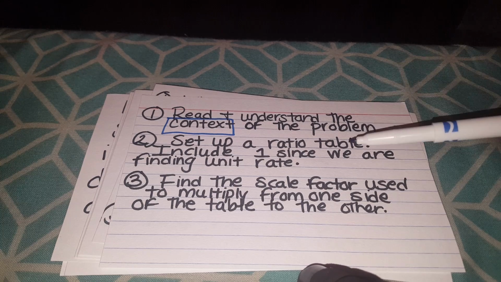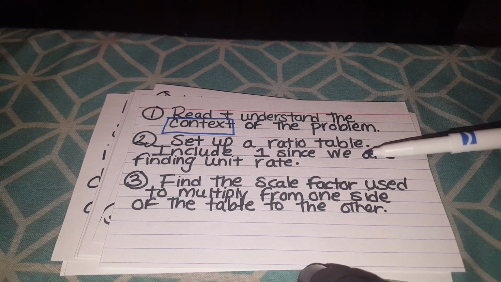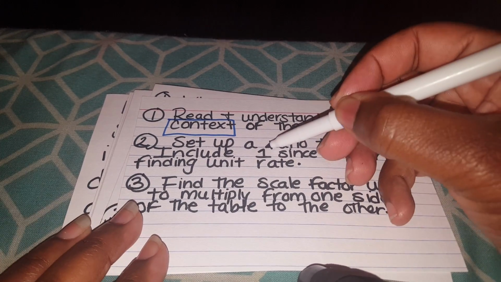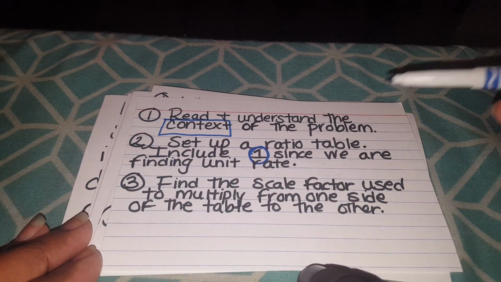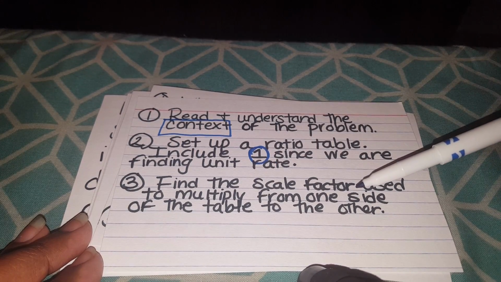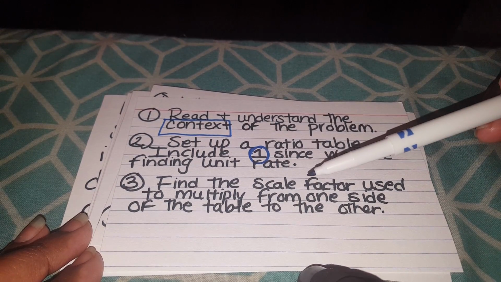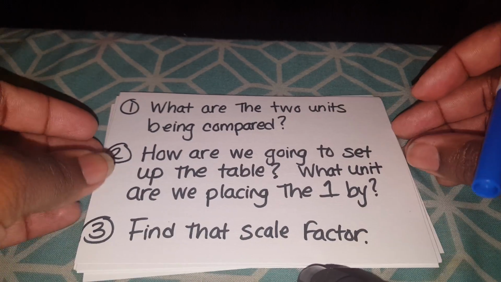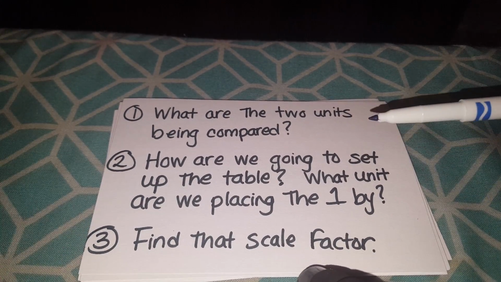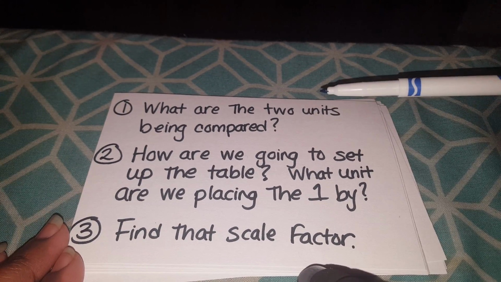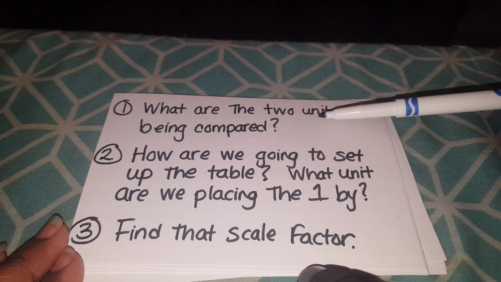Okay, so step 2, we're going to set up a ratio table. I know these are your favorite things. And we're going to include 1 today since we are finding the unit rate. And then step 3, we're going to find the scale factor used to multiply from one side of the table to the other. I'm always going to come back to these 3 questions, so I'm going to put these to the side so we can see them. What are the 2 units that we're comparing?